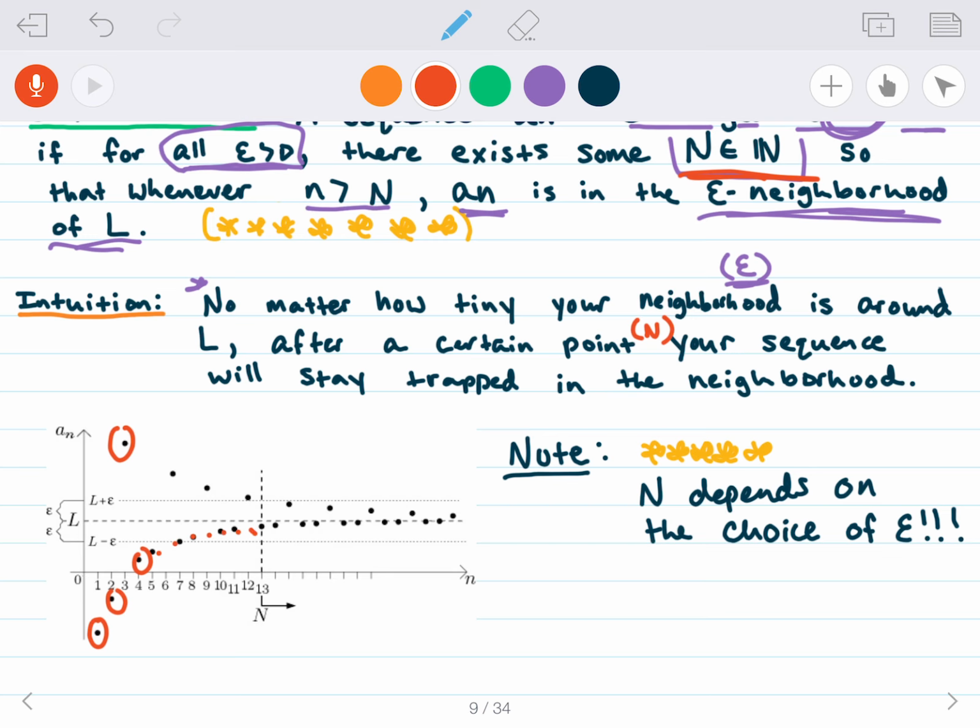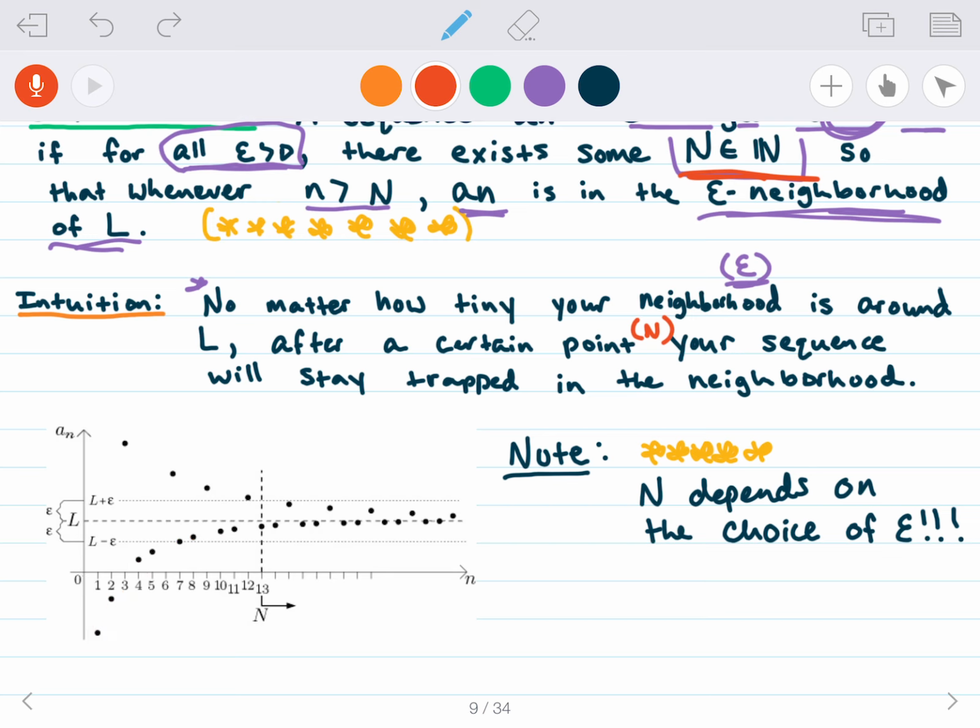As the sequence goes on, the terms are getting closer and closer to this L value. We call that L value the limit. At a certain point, these guys are going to be super close to the limit, and they're never going to stray away from the limit.